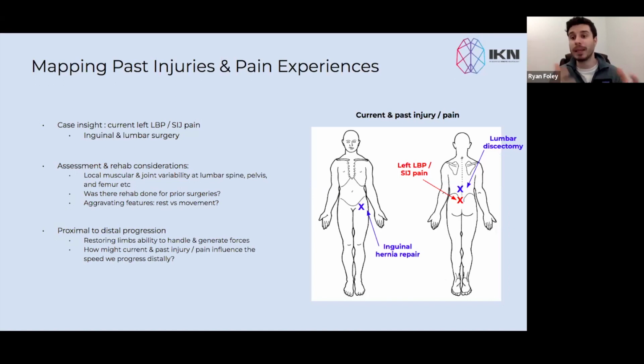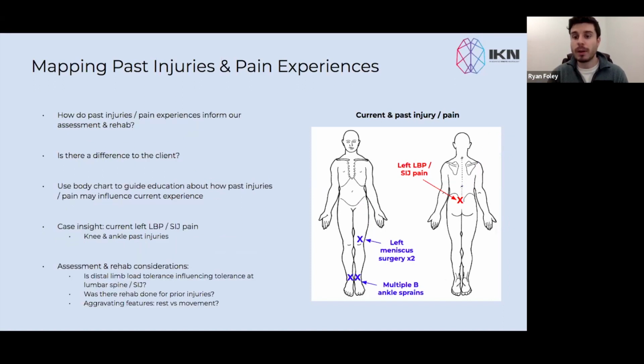This gives the midline structures, the spine, the pelvis, the rib cage, thoracic spine, the opportunity to express more variability because the limb has taken on that role of handling those forces.